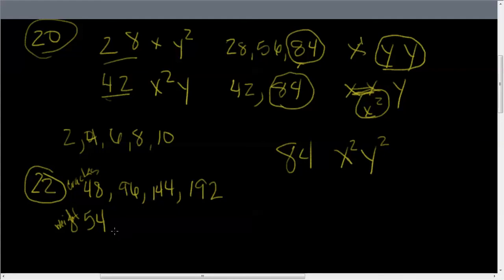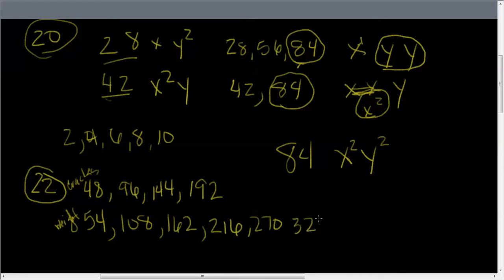Let's see, 54, 108, 162, 216, 270, 324. Well, so far I haven't had anything match up.